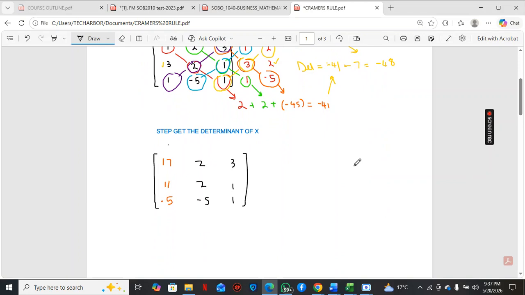As always, once you've made your matrix, the first two columns need to come outside. So here you put 17, 11, -5, and 2, 2, -5.